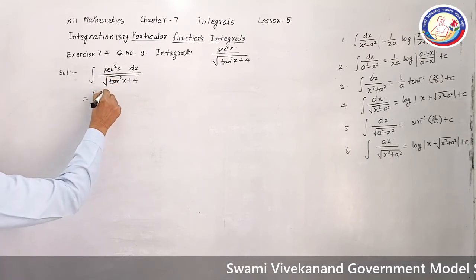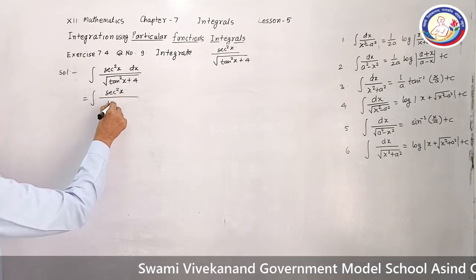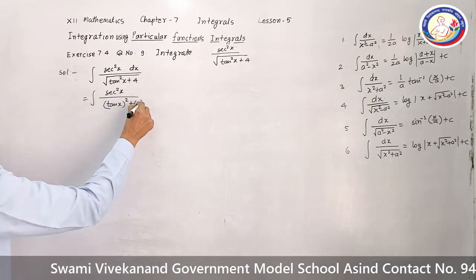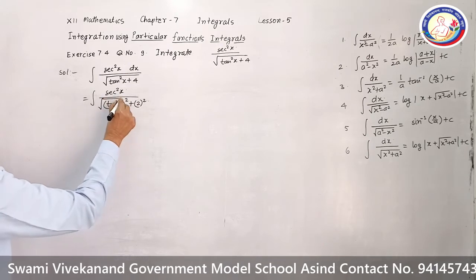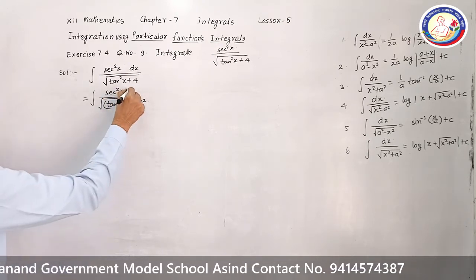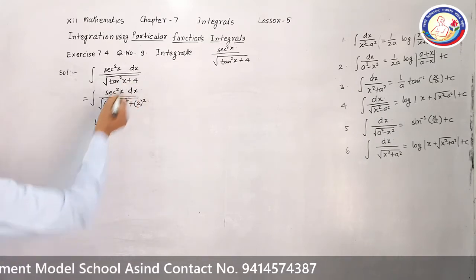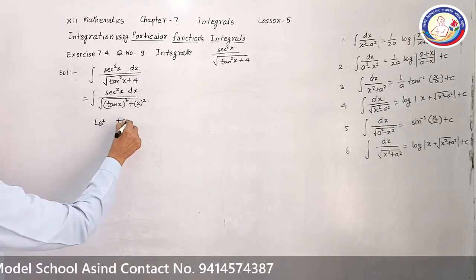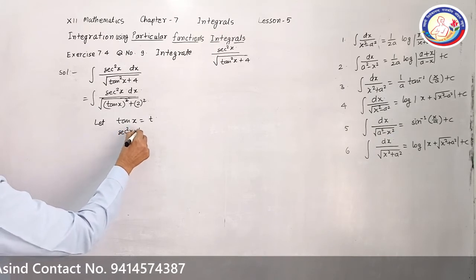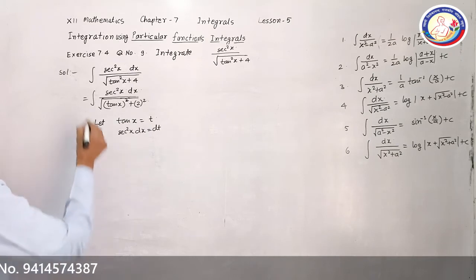Integration of sec square x divided by tangent x square plus square of 2, and this is under square root and dx. Let put here tangent x equal to t. Then sec square x dx will be dt, because dt by dx will be sec square x.